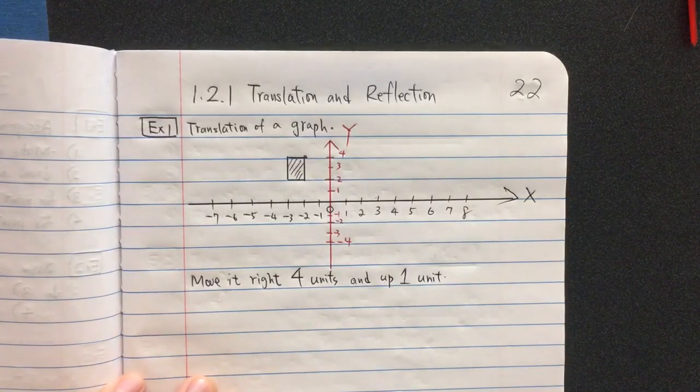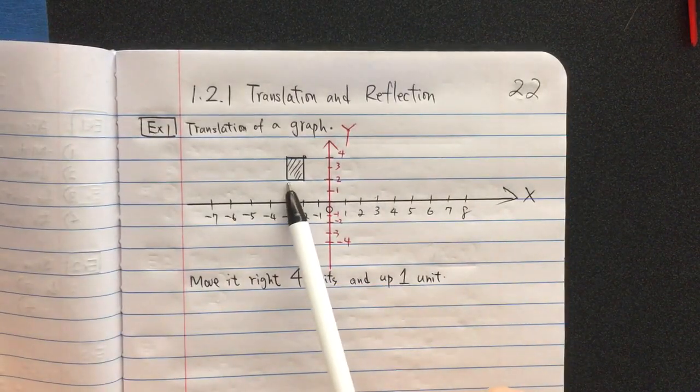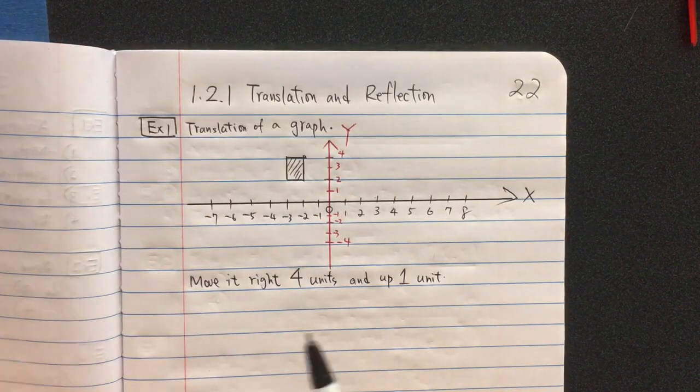So now we need to move it 4 units to the right. So what do I do?